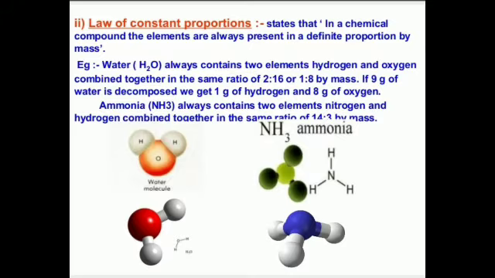In simple words, whatever is the source of the compound and whatever is the method of preparation, the elements combining together will always be in a fixed ratio. The ratio of the elements will be constant.